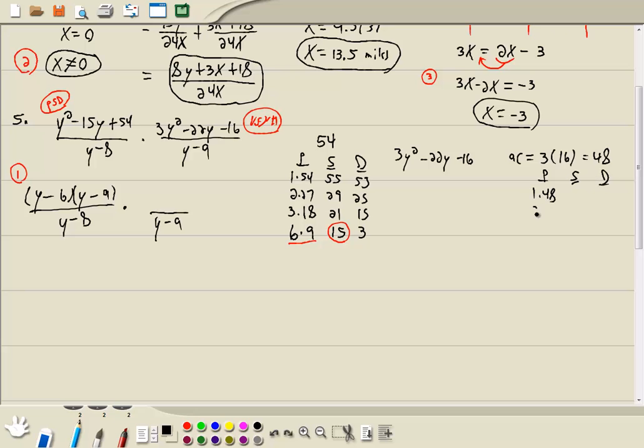We got 1 times 48, 2 times 24, 3 times 16, 4 times 12, 6 times 8. Add them. 1 plus 48 is 49, 2 plus 24 is 26, 19, 16, 14. Subtract them, smaller from larger. 48 minus 1 is 47, 24 minus 2 is 22, 13, 8, and 2.